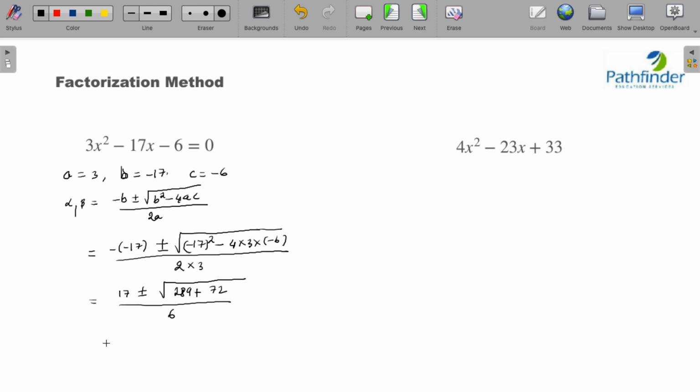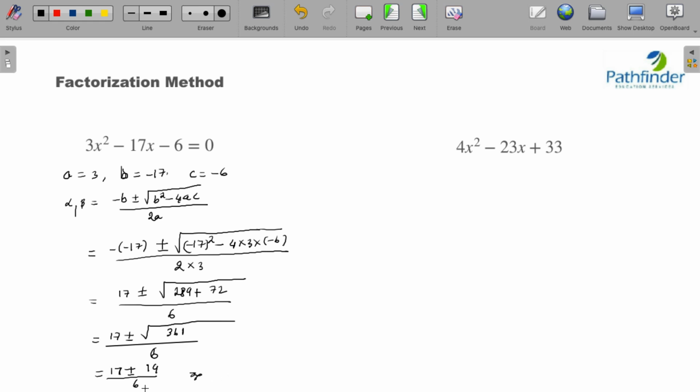which means 17 plus minus 289 plus 72, that is 361, and all of this divided by 6, which is 17 plus minus, now square root of 361 is 19, we all know that, divided by 6.